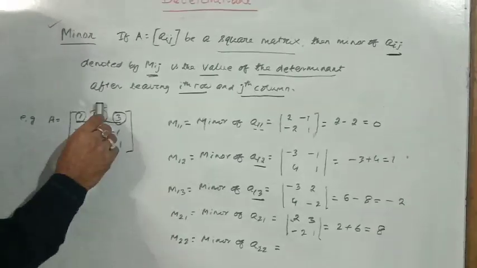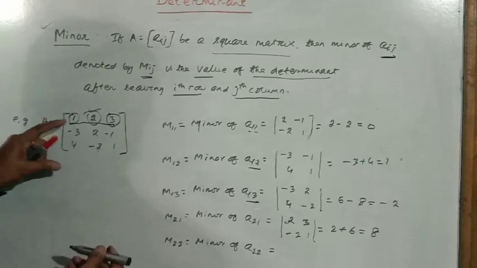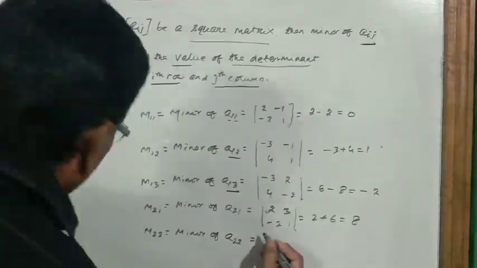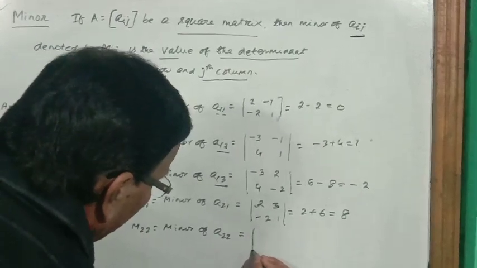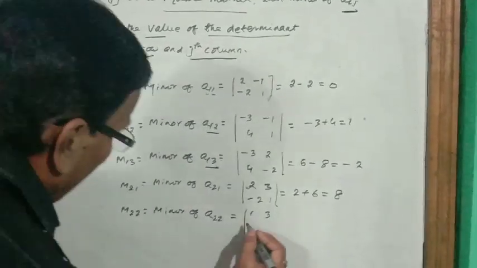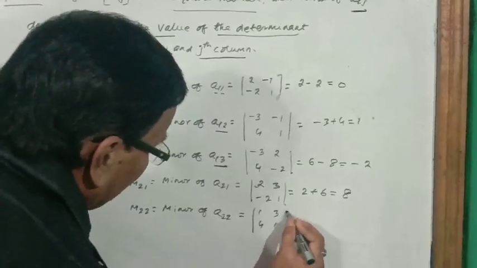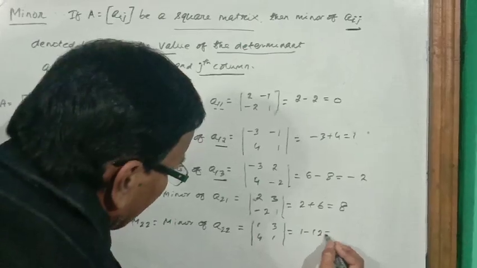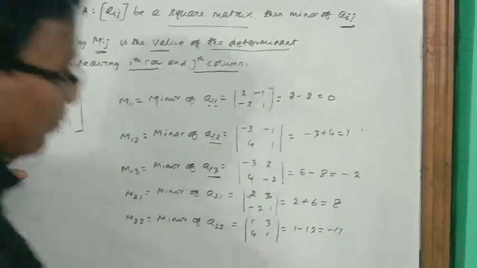After omitting the second row and second column, we are getting the determinant of 1, 3, 4, 1. So that is equal to 1 minus 12, which is equal to minus 11.